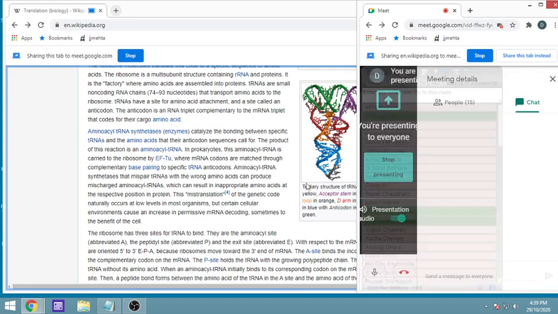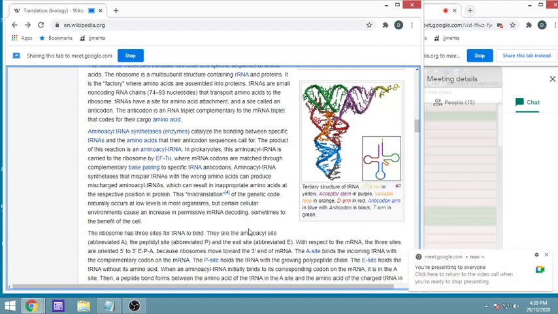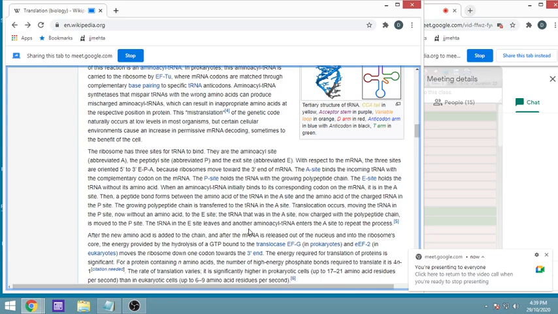The ribosome has three sites for tRNA binding: the amino acid site, the peptidyl site, and the exit site. These sites act one after another, and there will be bonding of the amino acids and formation of a protein. Okay, once it is formed, translocation will occur.